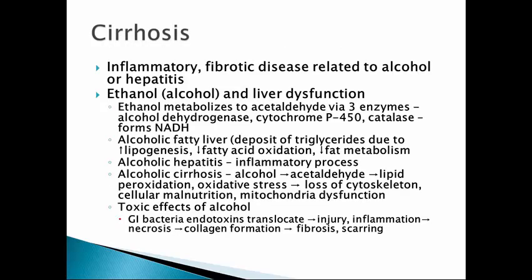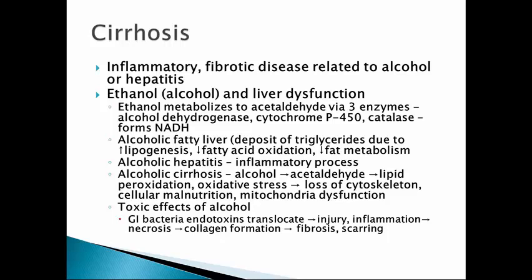So let's move then from hepatitis, the inflammatory stuff, and let's talk about cirrhosis. Cirrhosis is also inflammatory, but not from a viral infection causing the inflammation. The inflammation is due to other disease processes, which could be liver dysfunction, disease itself, or could be due to alcohol or ethanol.